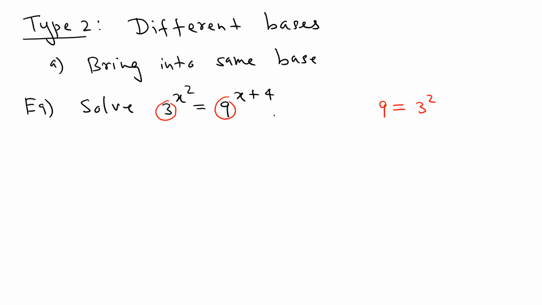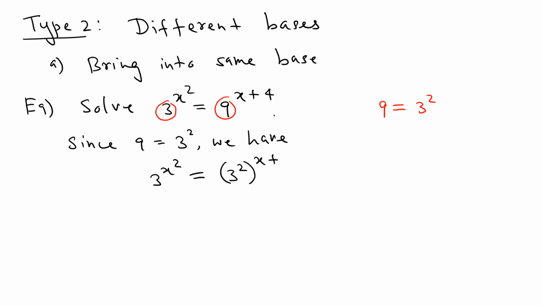So since 9 equals 3 squared, we have 3 to the x squared equal, and I'm going to replace 9 by 3 squared, so 3 squared to the x plus 4.